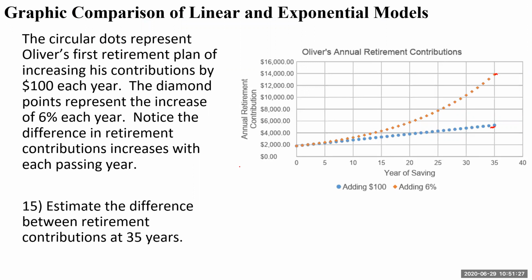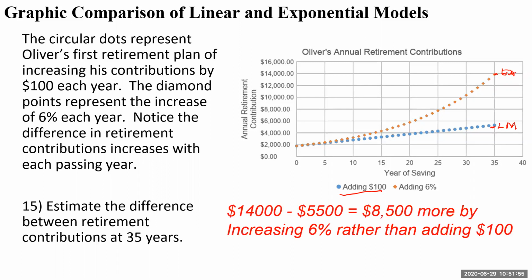So here, this is a graph that compares the linear model versus the exponential model for Oliver's investment. If you look at this graph, the blue one shows the linear model, and this shows the exponential model. Which of these will you go for as an investment? And you realize that the exponential model yields more. Is that okay?